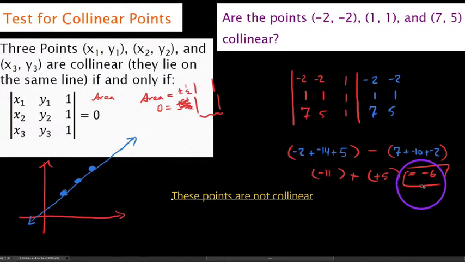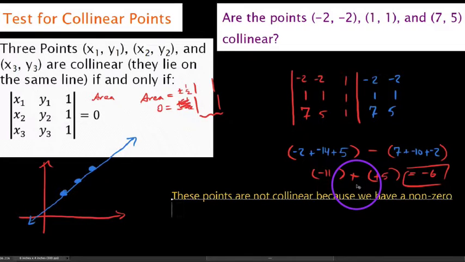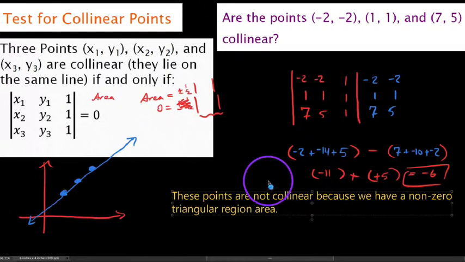It'd be plus or minus 1/2 times -6. But the idea is you didn't get 0, and if it were 0, then these would all have to be on the same line. So these points are not collinear because we have a non-zero triangular region area. And that's really why they are not collinear in this particular case.